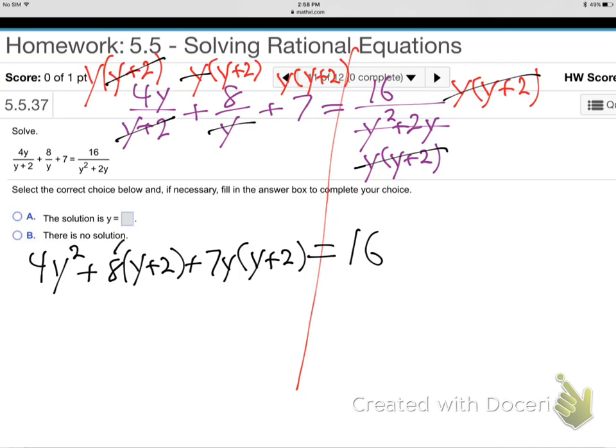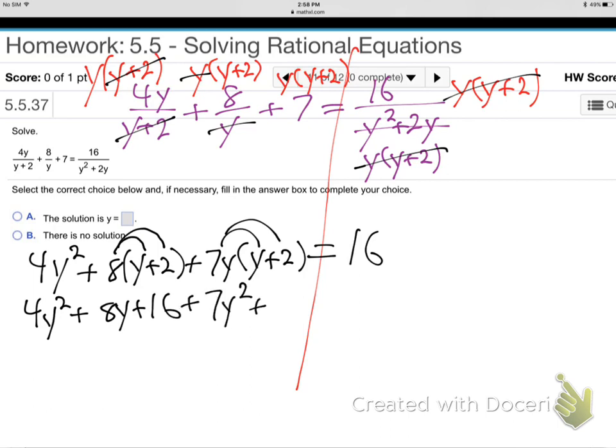So then we distribute. Boom, boom, boom, boom. This is a happy accident. 4y squared, 8y plus 16, 7y squared plus 14y, 16. Good.